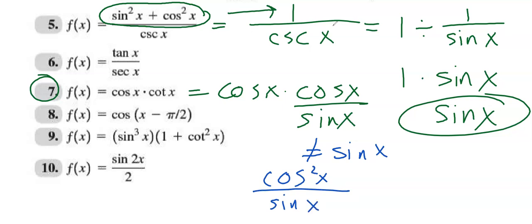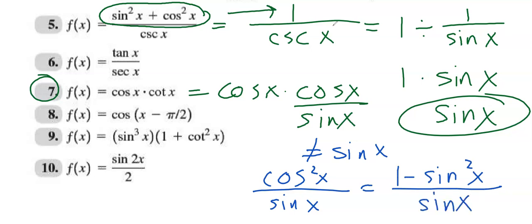Now, for those of you who think, oh, cosine squared, what could I substitute that with? Could we substitute that with 1 minus sine squared? That's part of that Pythagorean identity? Yes, we could. But you're going to find as you continue, even if you split that into 2 fractions, that you would get 1 over sine x, also known on the street as cosecant x, minus sine x. It's still not equal to sine x. So it wouldn't work. Wouldn't make anything any better.